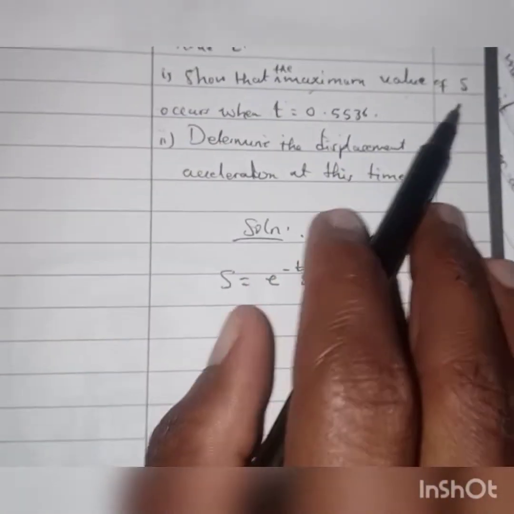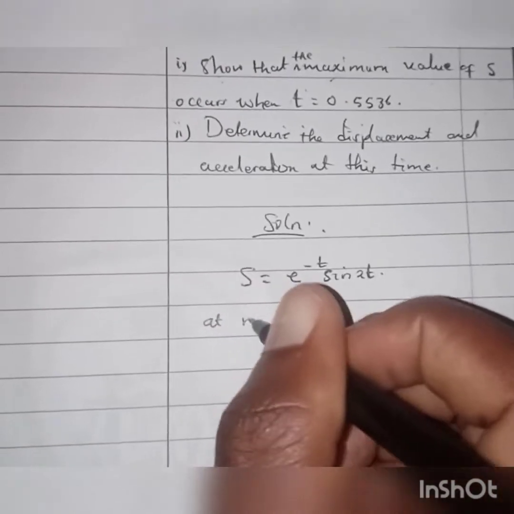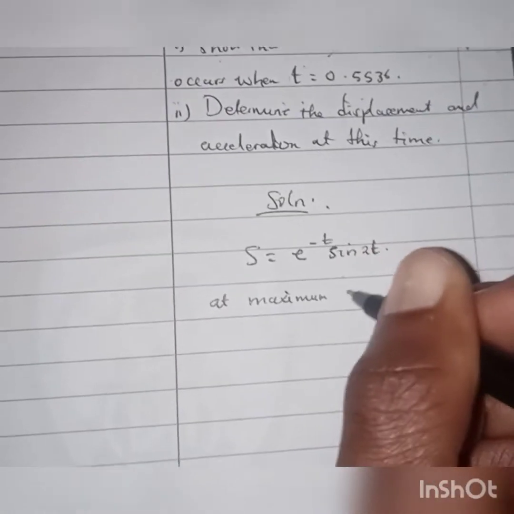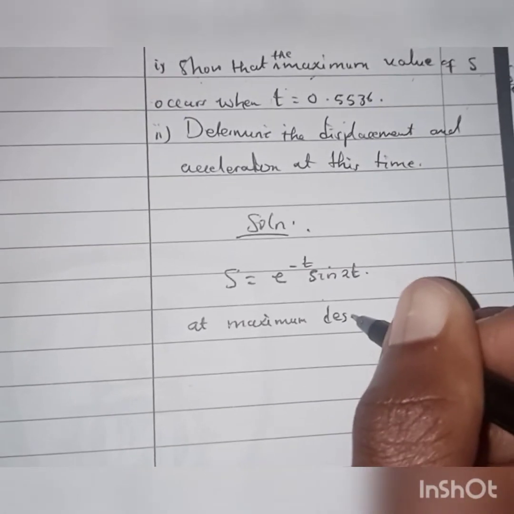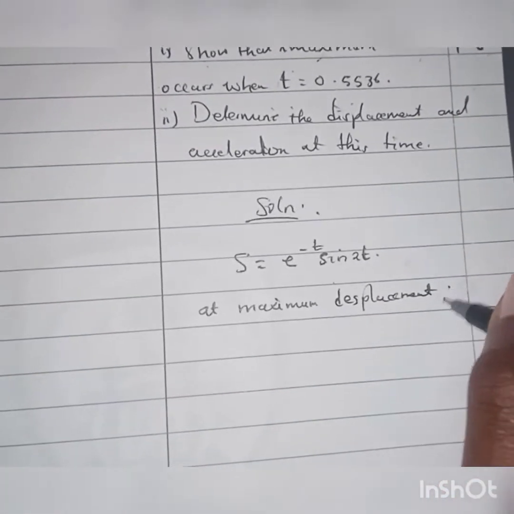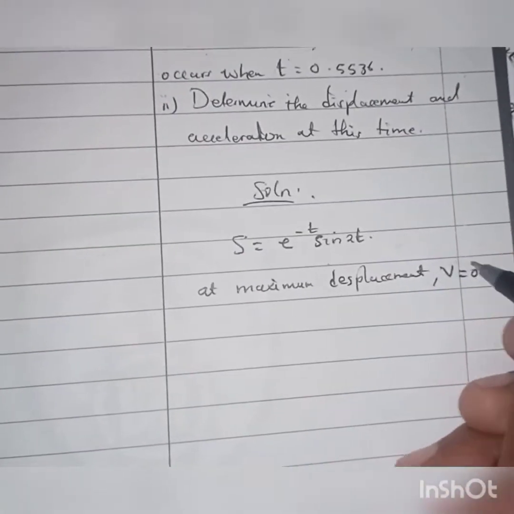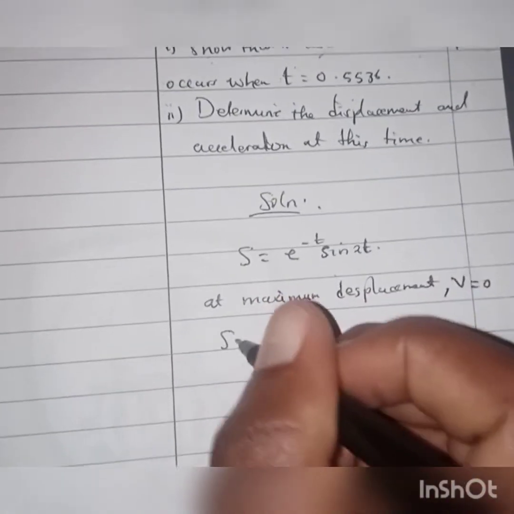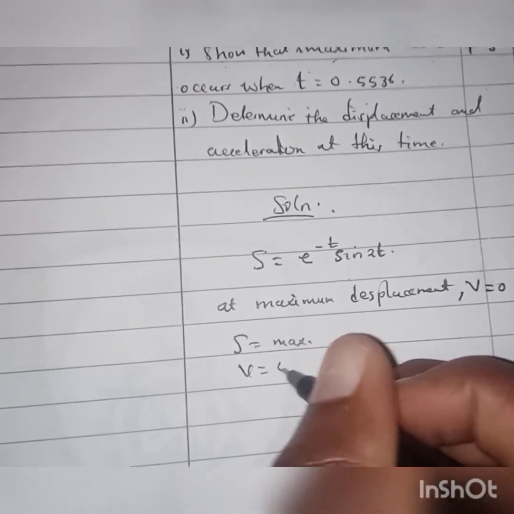So at maximum displacement, then our velocity should be what? 0. So when s is maximum, then velocity should be 0.